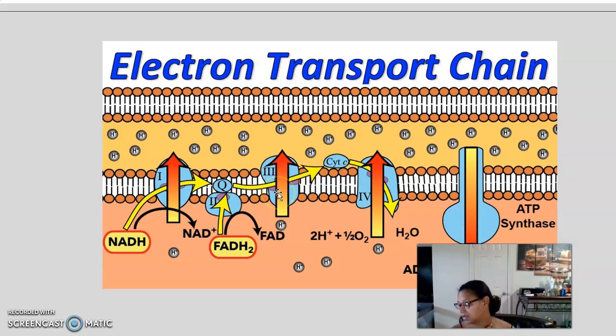The final thing in the electron transport chain is that the final protein passes electrons to the oxygen molecule, and it is reduced to water in the matrix, which is here again.